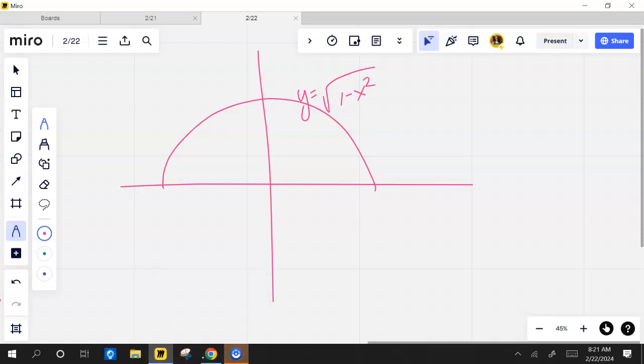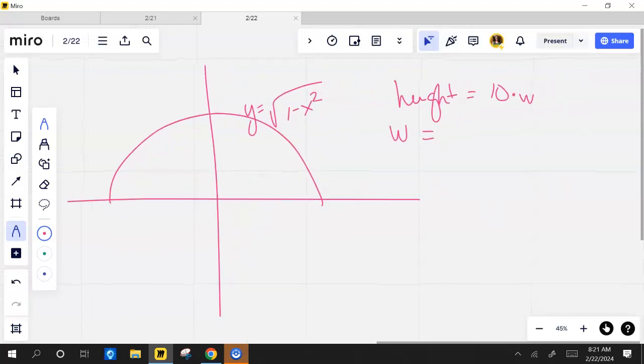And it's a rectangle whose height is, what did it say, 10 times the width? 10 times width. So I need to know what the width is so I can find out what the height is. So what's the width? I mean, rectangles. I already said that. Get it together. What's the width here? What is the length of this?